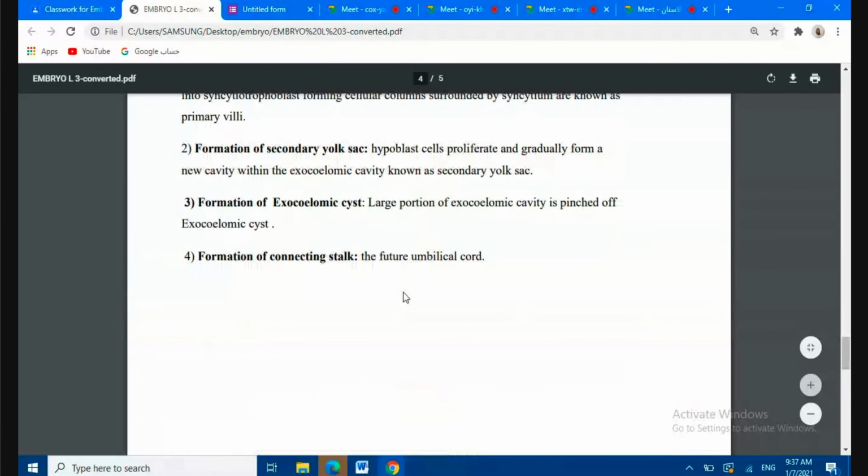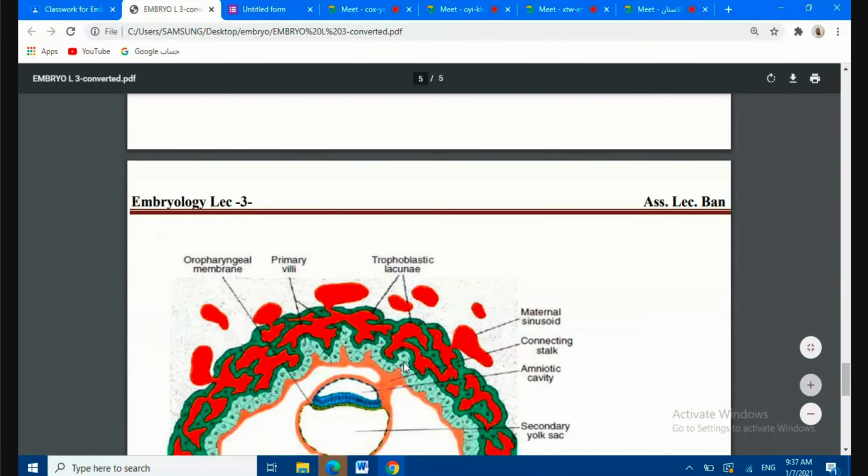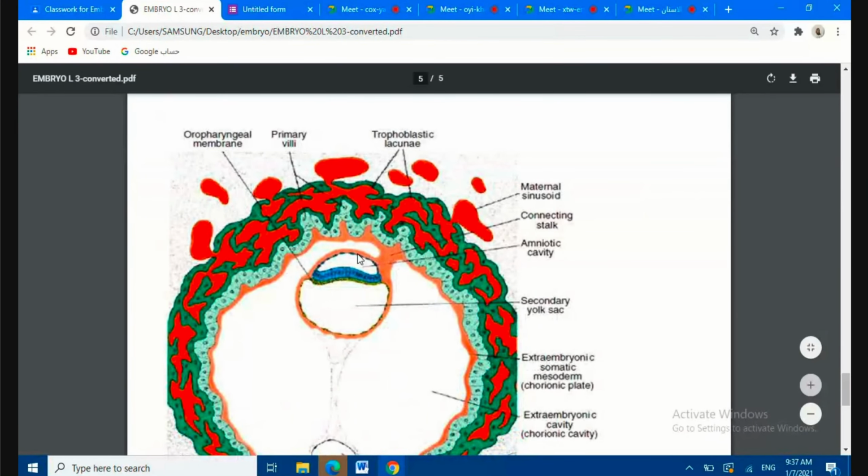زين. آخر نقطة اللي هي formation of connecting stalk. احنا تكلمنا عن هاي النقطة في العملية، قلنا انه connecting stalk نحتاج انه الembryo itself to be connected with the placenta for sure. If there isn't a connection between the placenta, I mean the cytotrophoblast and syncytiotrophoblast, with this lacunae system, let's say, they won't take any nutrients and oxygen from the mother herself, from the uterus.